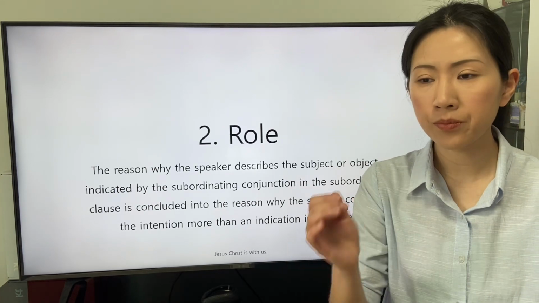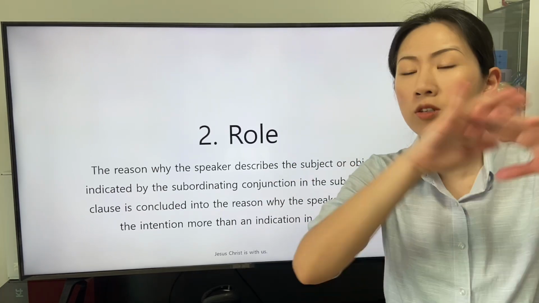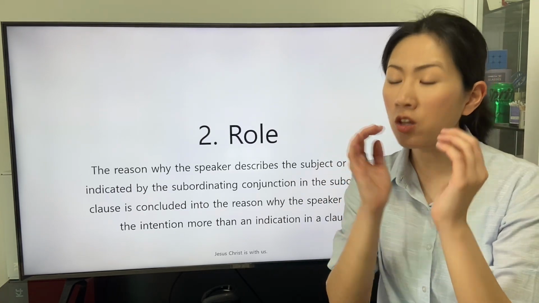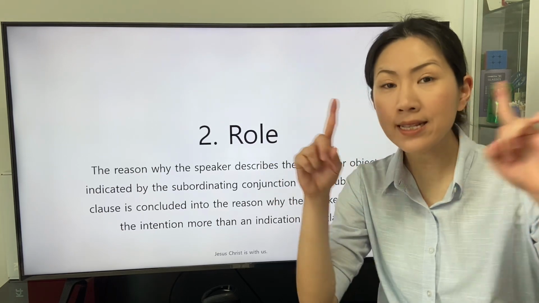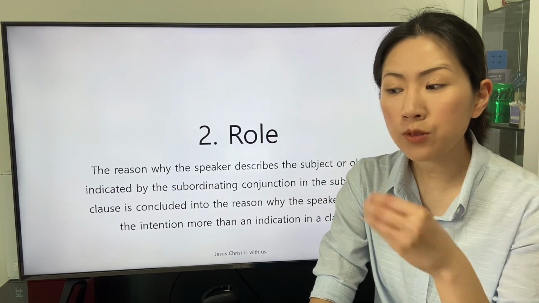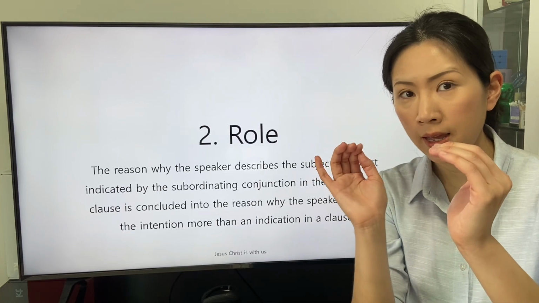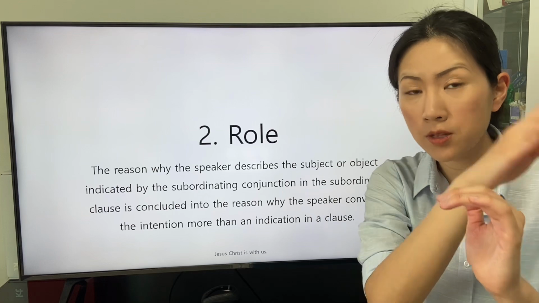In this way, we can understand that a clause to include a subject and a verb at least describes the existence of the subject as a premise and the description about the subject.